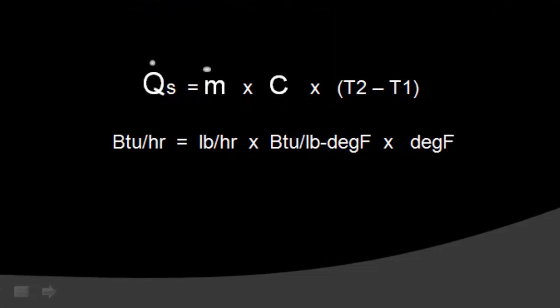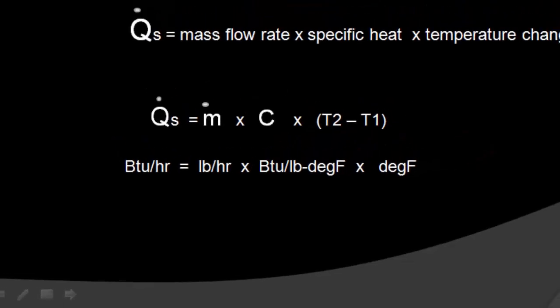When shown to represent a rate, such as BTUs per hour, the mass flow rate needs to be in pounds per hour. Specific heat has to be in BTU per pound degree Fahrenheit, and the temperature change is in degrees Fahrenheit.